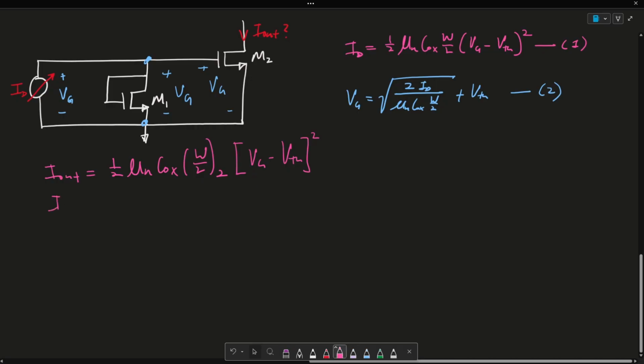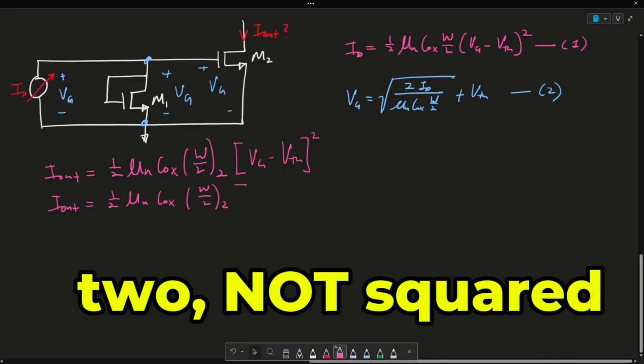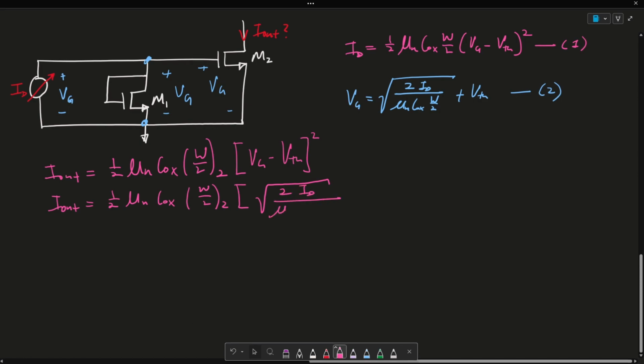So then we get that I out is equated to 1/2 mu n COX W over L squared times the square root of 2ID over mu n COX W over L 1, right?